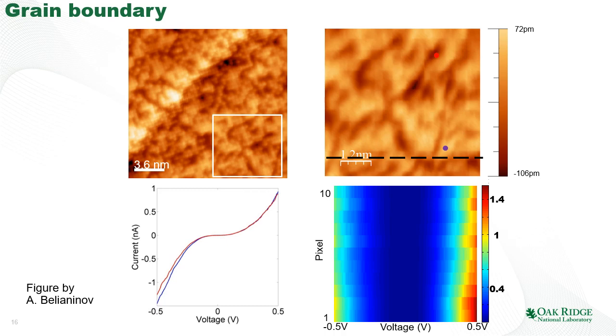This is another and slightly more complex example of the PCA on the atomically resolved dataset. So you can see here that you have a high resolution image. You have the spectroscopic dataset, which we again project on the two-dimensional space. You can see that the variation of the IV curves at different locations is actually pretty small.